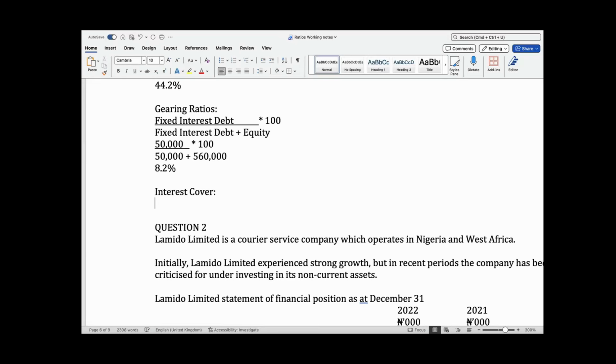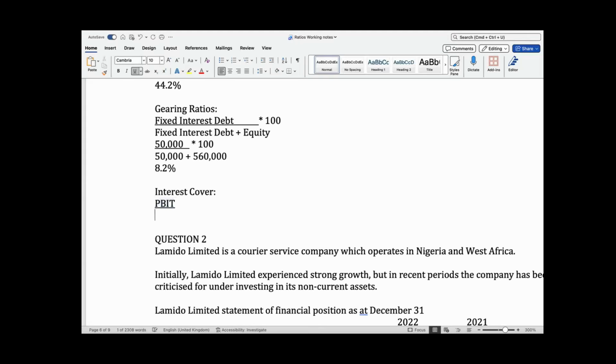And I can do interest cover, which is my PBIT divided by my finance costs.